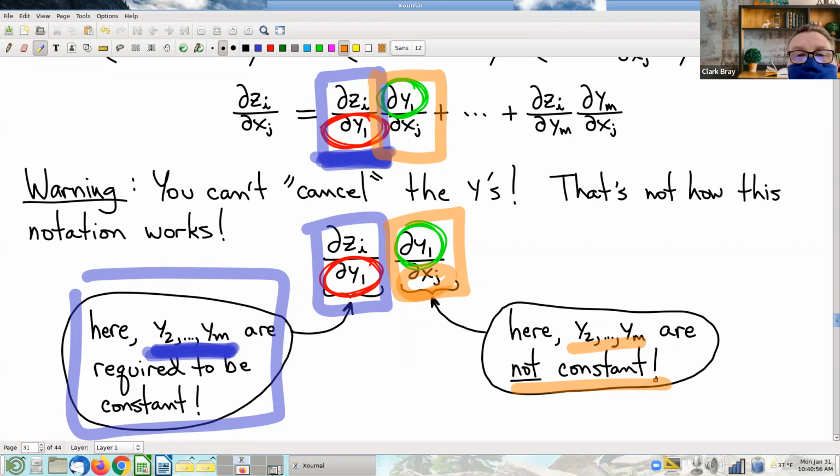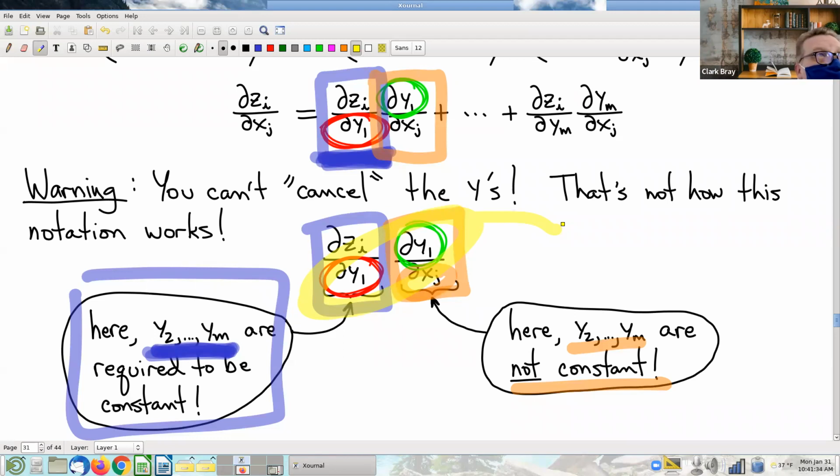To be fair, each one of these represents a change in y1, but they are changes in y1 in different situations. It's like you can't take one problem over here and another totally different problem over here. In this question, x turns out to be 3, and in this entirely different disconnected question, x happens to be 17, and then compare and say, hey, wait a minute. They're totally different questions and totally different scenarios. So you just can't cancel those things. It doesn't make any sense.